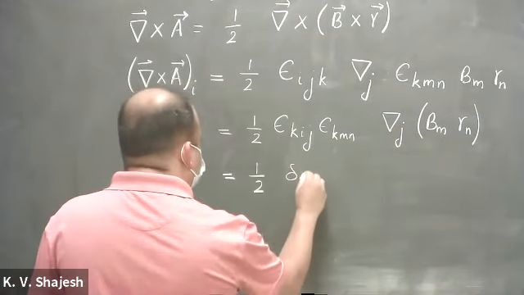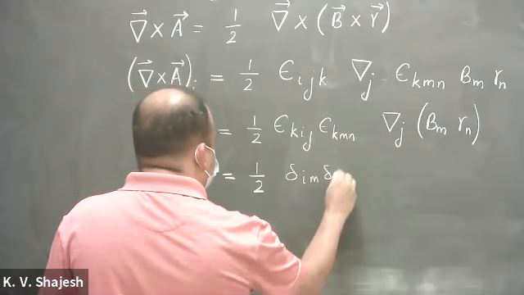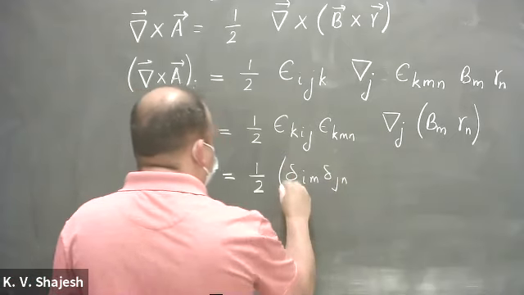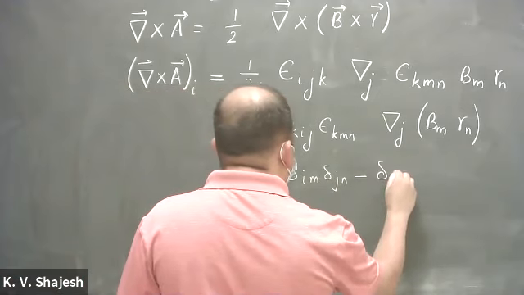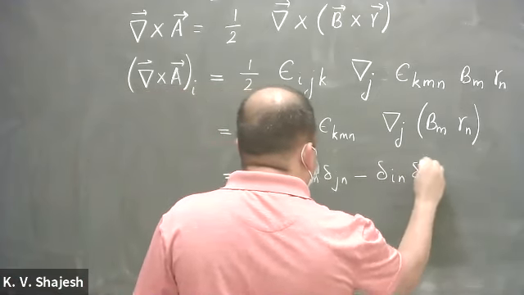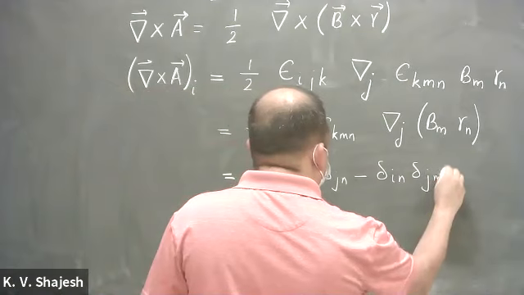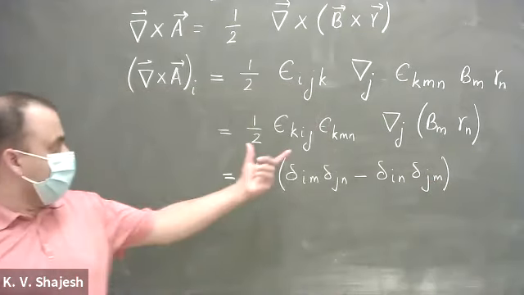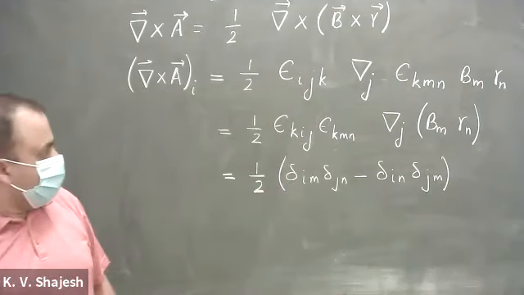So this is delta i m delta j n minus delta i n delta j m. That's the two distributions from the Levi-Civita product.